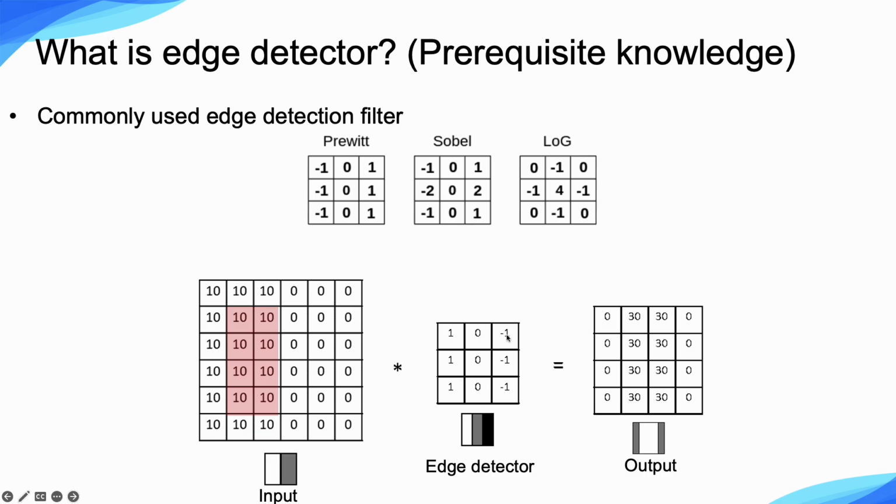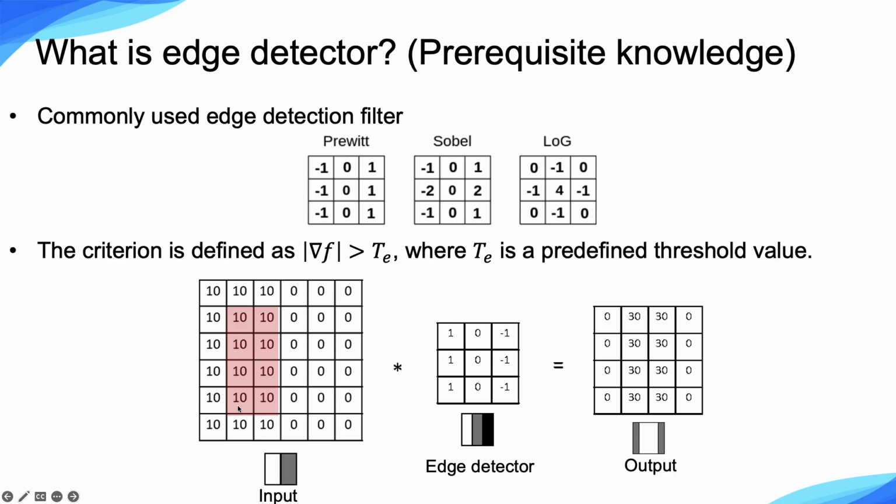When you apply this edge detector in these red regions, the output has a large value, 30, indicating that an edge exists here. We often define a threshold value: if this value is greater than the threshold, then we identify that there is an edge there.